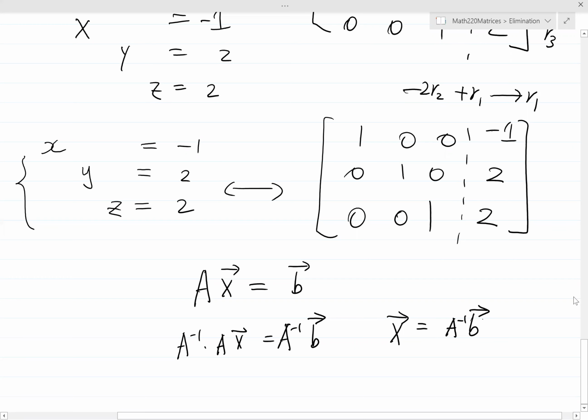Next time we will talk about how we actually produce the inverse of a matrix using this algorithm, using elimination, using the augmented matrix.